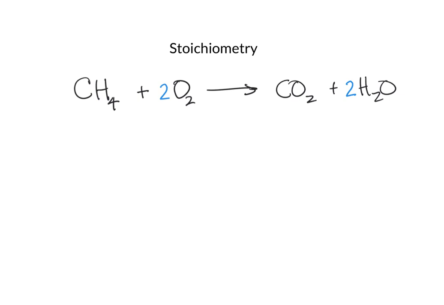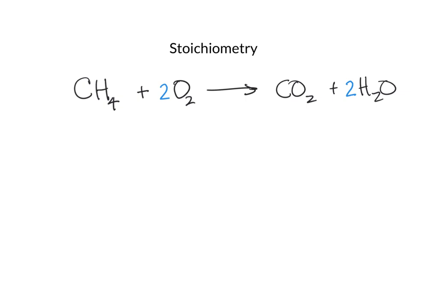One way to interpret this, and the very basic way to interpret the quantities in it, is that I have one of these, 2 of these, 1 of these, and 2 of these. What does that mean? Well, I could interpret it as 1 molecule of CH4, 2 molecules of oxygen, 1 molecule of CO2, and 2 waters.